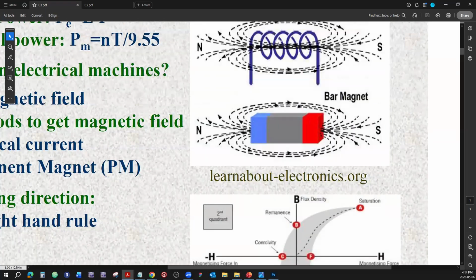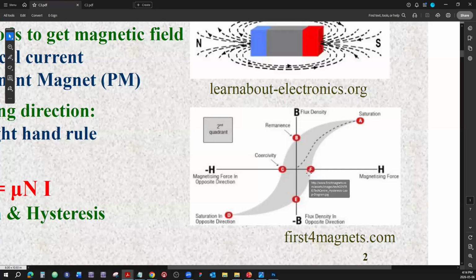Of course, the more turns, the stronger the magnetizing force, and the greater the amount of current, also the stronger the magnetizing force. So when we increase the magnetizing force, that ferric core is going to get magnetized, and it's going to have that flux density in there, all right? We're going to have a certain strength of the magnetic field or flux density.